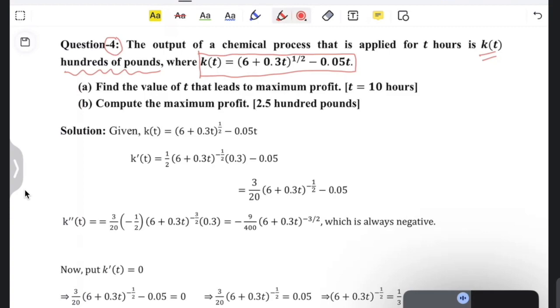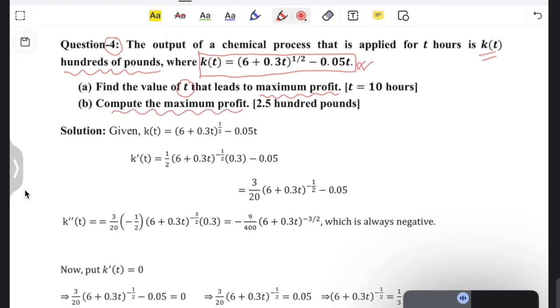Now we want to know the maximum profit, for which value of t there is a maximum profit. When k(t) is a profit function, then for which value of t the profit will be maximum, and we also want to know the maximum profit.